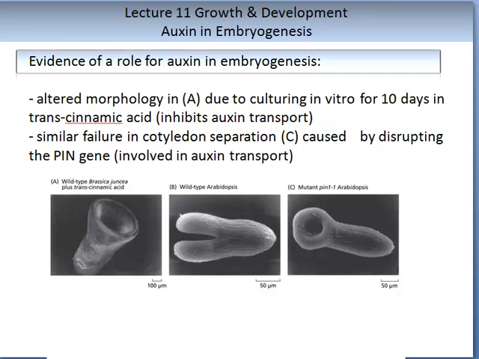In figure A, an altered morphology was found when culturing in vitro for 10 days in a compound called TIBA, which inhibits auxin transport. A similar failure in cotyledon separation was caused by disrupting the PIN gene, which is involved in auxin transport. Figure B is the wild type, where no change in morphology was seen.